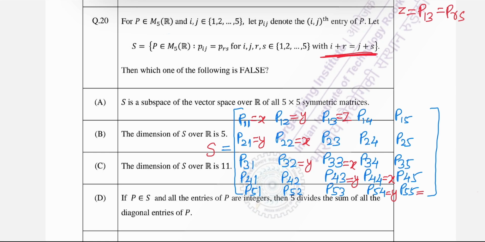Now we impose the second condition: i is 1, so 1 plus r equals j plus s, j is 3, so 3 plus s. This gives us r minus s equals 2. This means that r should be greater than s by 2. It means that if r is 4, then s will be 2. So let us find those entries.